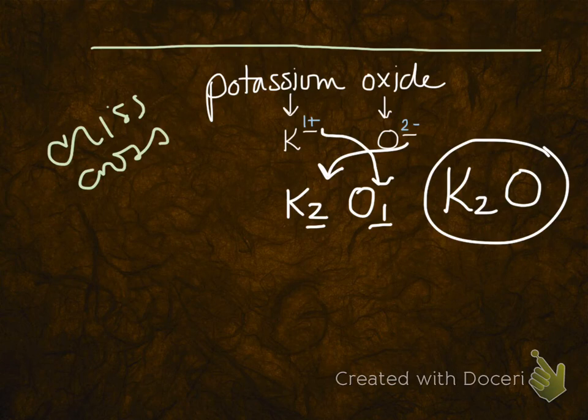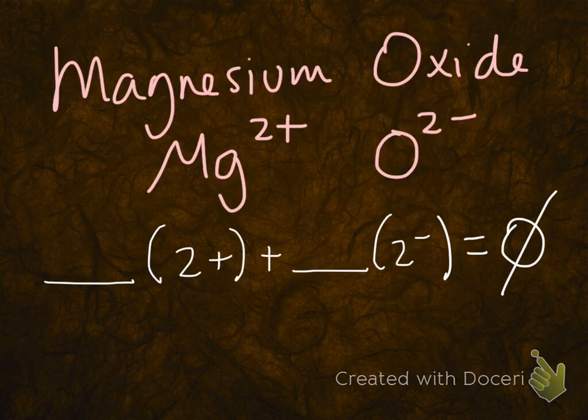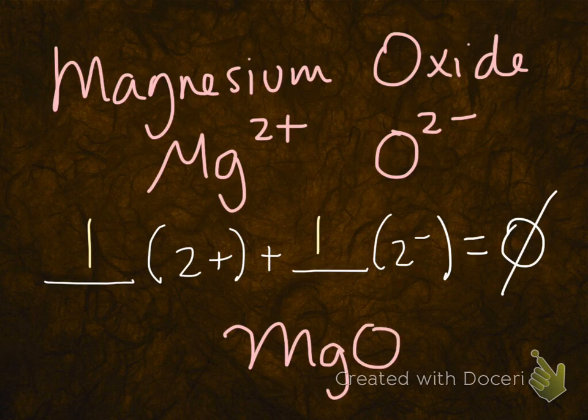The other place that the crisscross sometimes gives people problems is in a compound like magnesium oxide. So go ahead, use your periodic table, write down your ions. Well, in magnesium oxide, of course, when we look at this, we can immediately see that those are going to be 1s, and our formula will just be MgO.